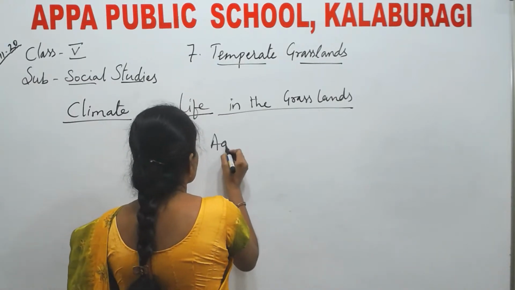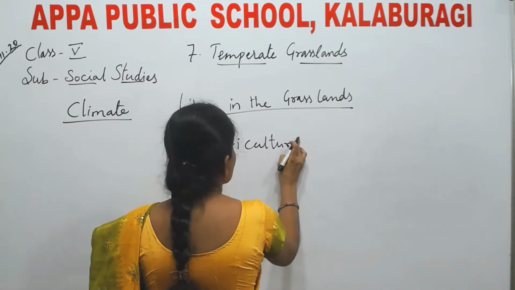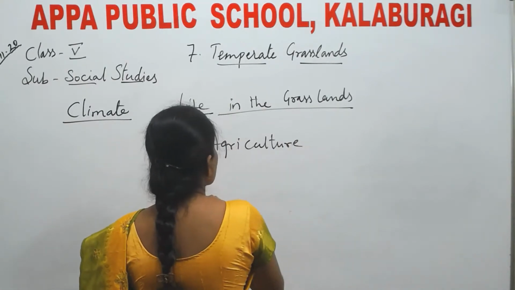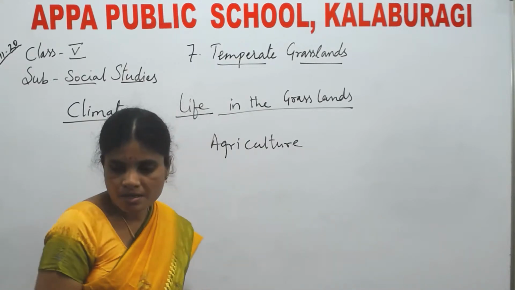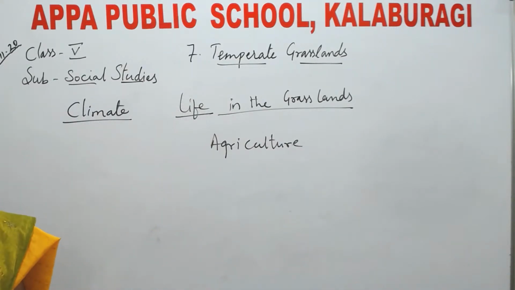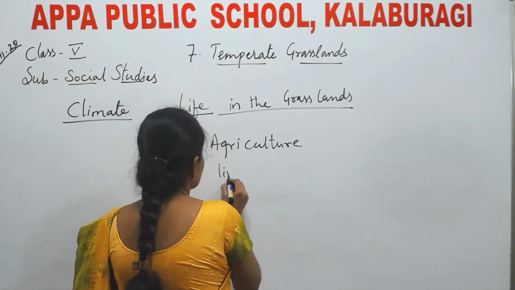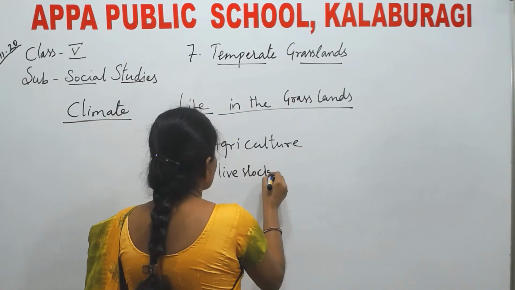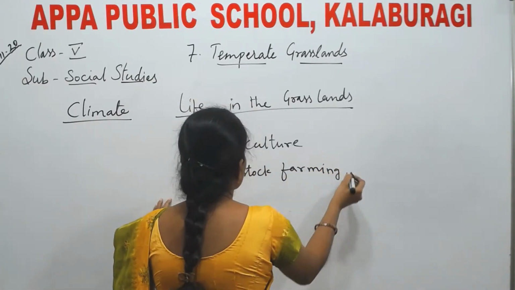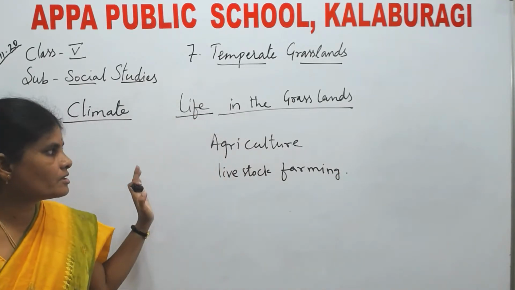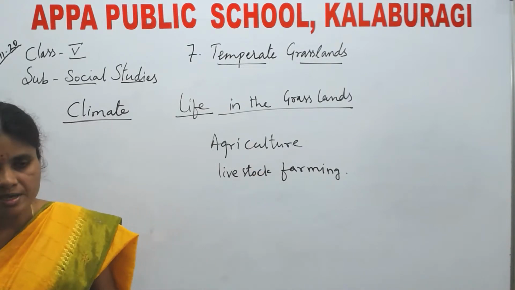Agriculture. Agriculture is the main occupation of the people living in the grasslands. Okay, next, and livestock farming. See, the main occupation of the people living in the grasslands is agriculture and livestock farming.